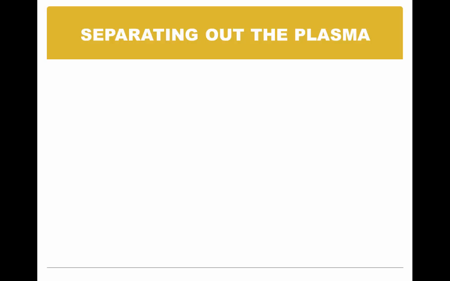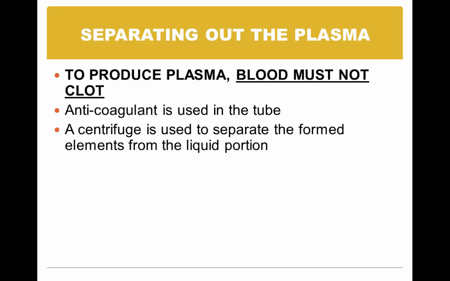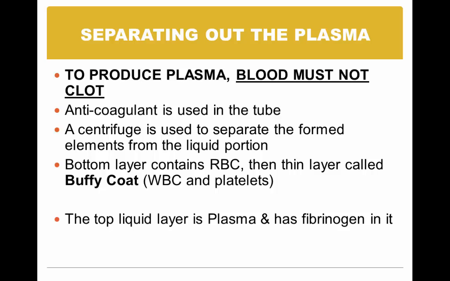Separating out the plasma. To produce plasma, blood must not clot. So an anticoagulant is used in the tube. A centrifuge is used to separate the formed elements from the liquid portion. The bottom layer contains the red blood cells, then the thin layer called the buffy coat, which has the white blood cells and the platelets.